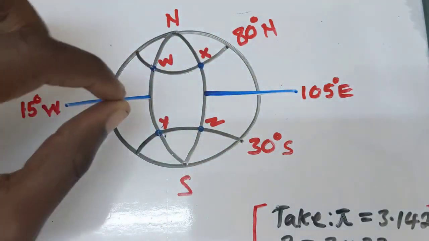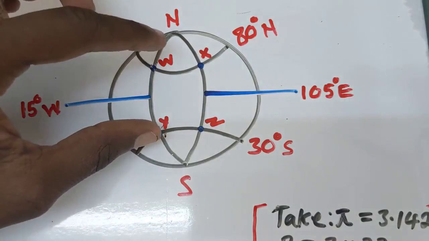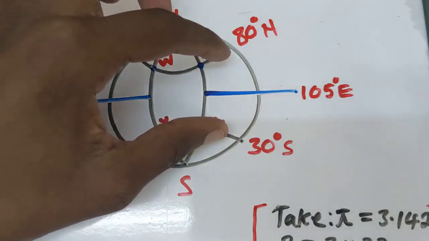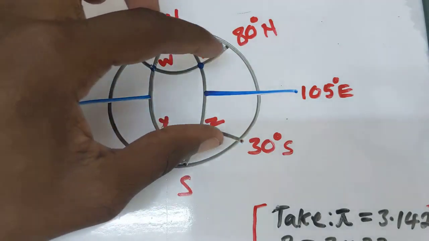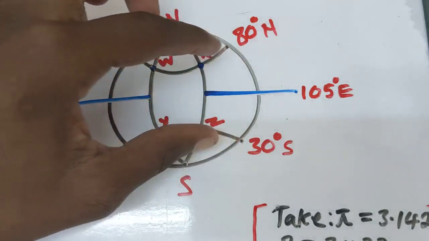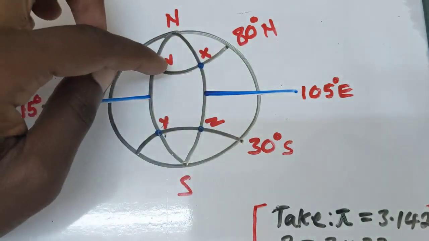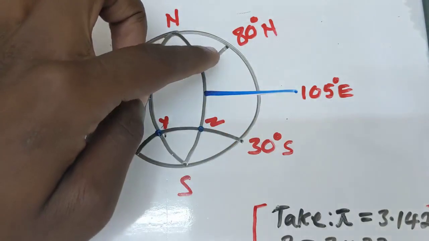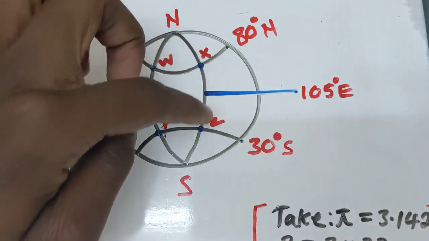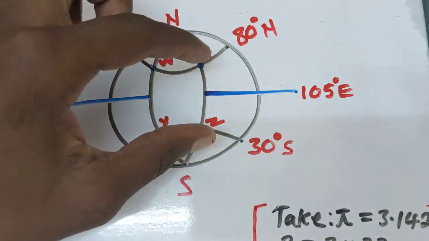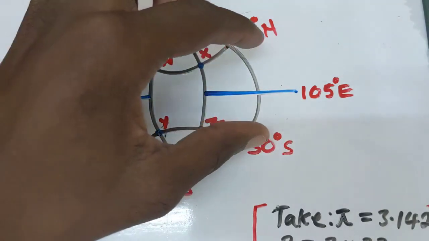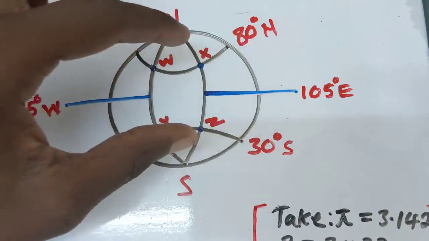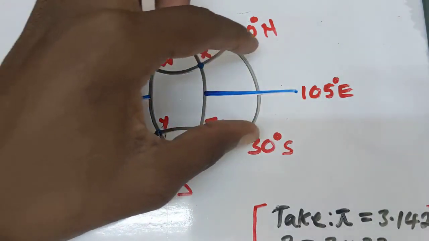So when you are calculating the difference between this point and that point, you use the latitudes in which those points are. W is in this latitude, Y is in this latitude. Even if you are asked to find the difference between this one and that one, you just do this, you are using these latitudes. I hope you are getting the point.